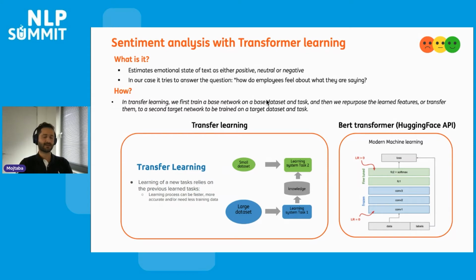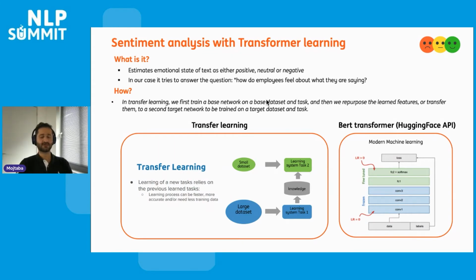So then our decision was that, okay, maybe we can train a deep learning model, but our data was not enough. And the only solution for us was to use some transfer learning, using a model already trained on a big data and large data, and we're going to use that trained model to fine tune it for our small data. So in this case, we use a BERT transformer, again using Hugging Face API.